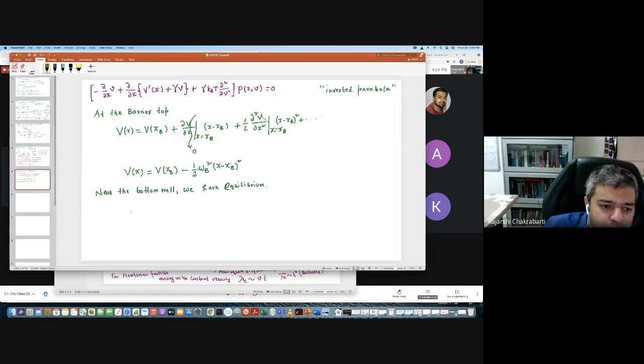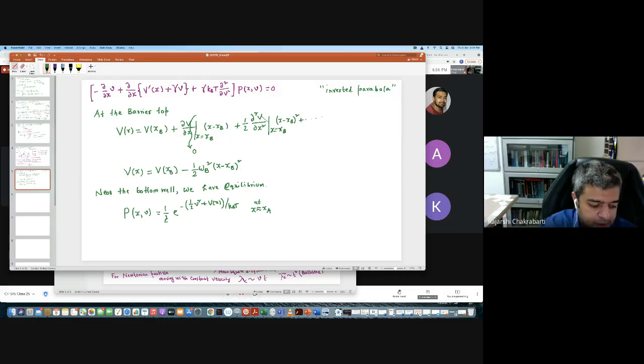So what is the Boltzmann distribution around the reactant well? You can write it down. This will be something like this again. Of course, I have to calculate this at XA.